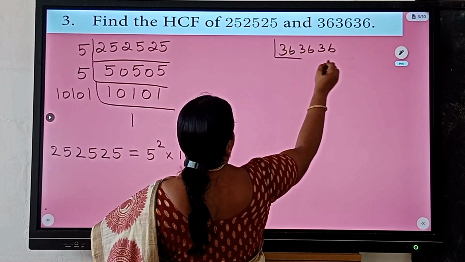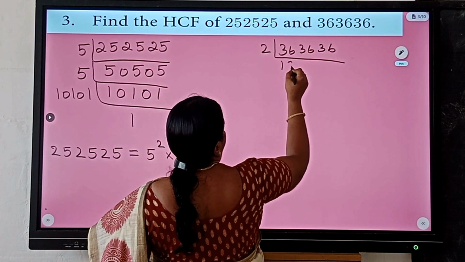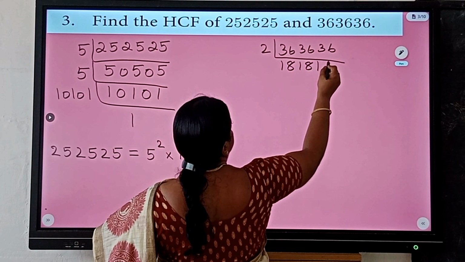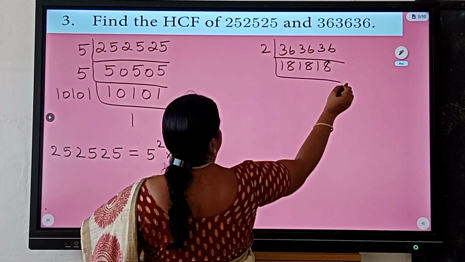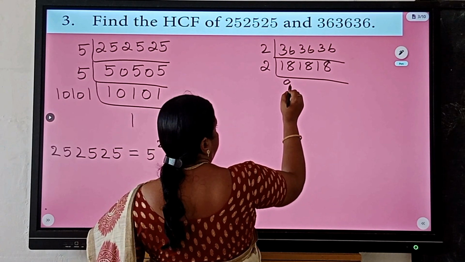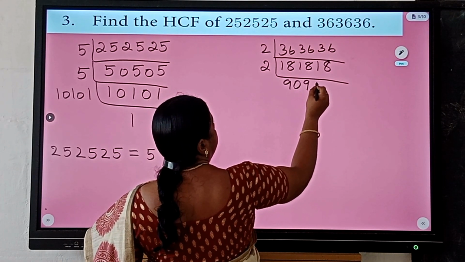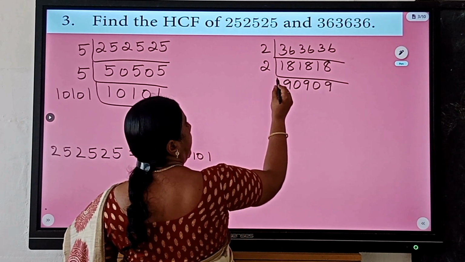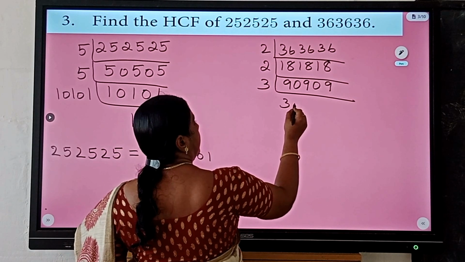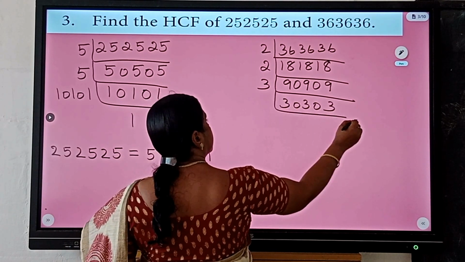363636. When we factorize it by 2, 2 1s are 2, 2 8s are 16, 18. Again we can do this by 2 tables. 2 9s are 18, 0, 9, 0, 9. Number ending in 9, so 3 3s are 9, 0, 3, 0, 3.